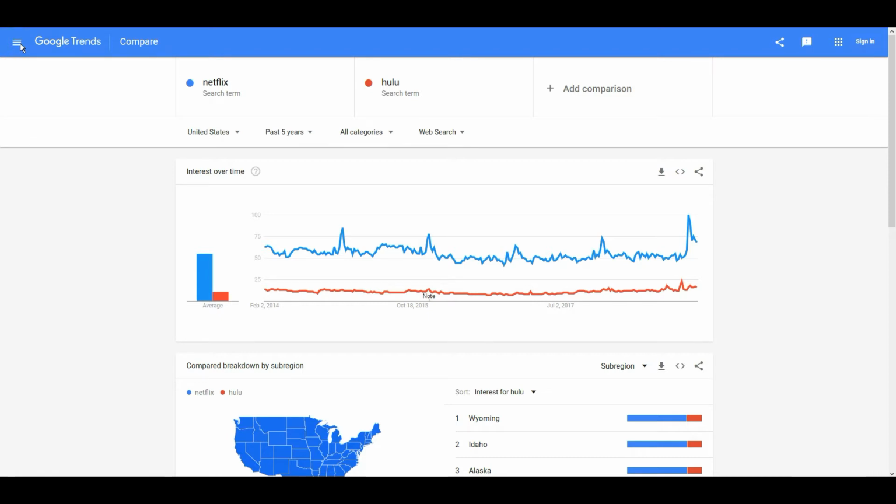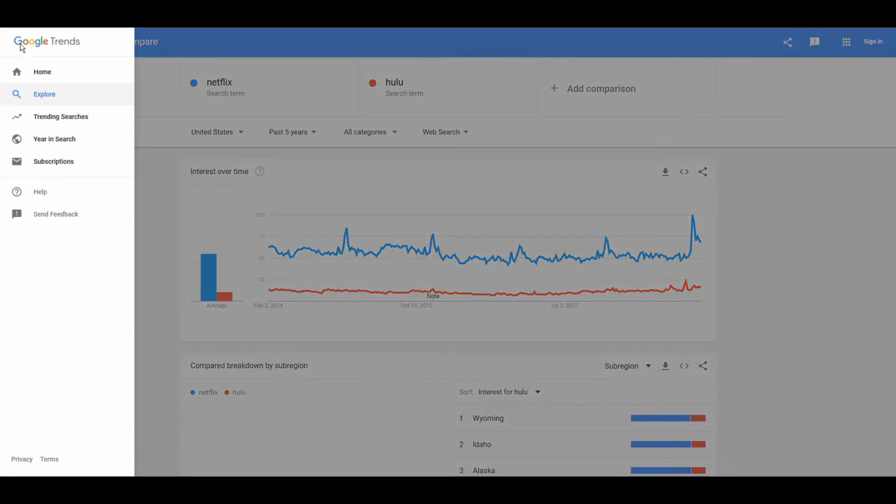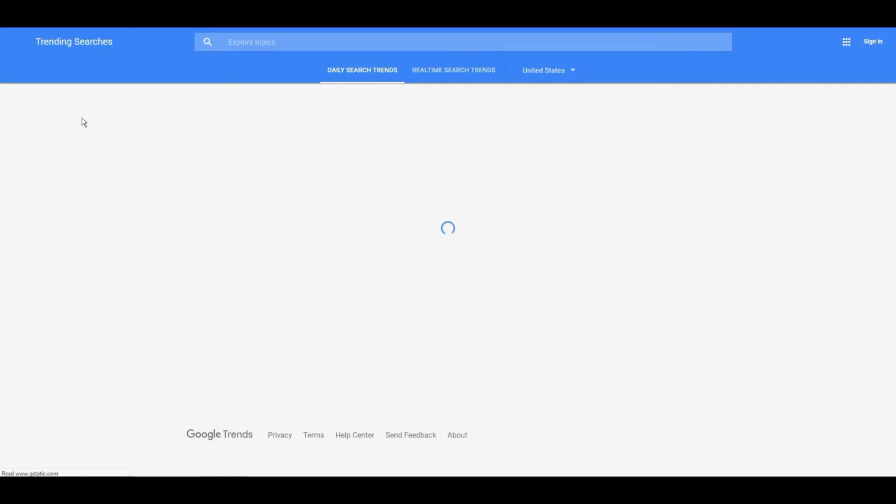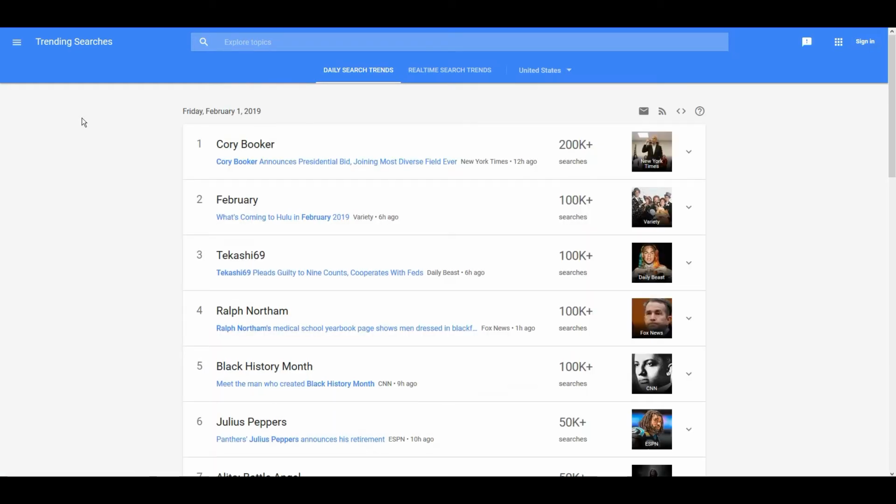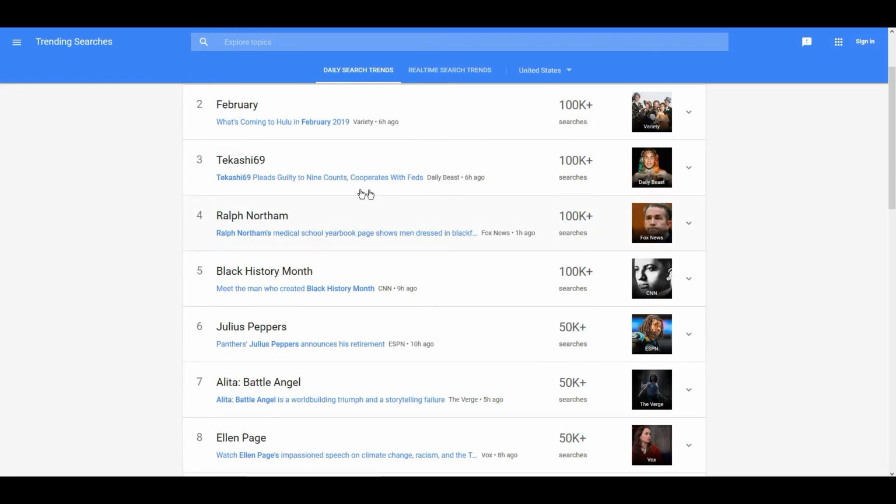So it's kind of cool to look up different things that you might want to, hey, what are we gonna make for content on our website? What sort of stuff are we going to feature? Okay, and here you can actually see trending searches, right? So right now, February 1st, 2019, we got Cory Booker announced presidential bid.